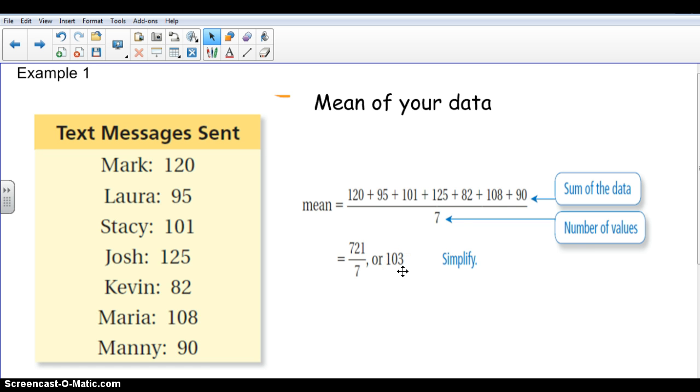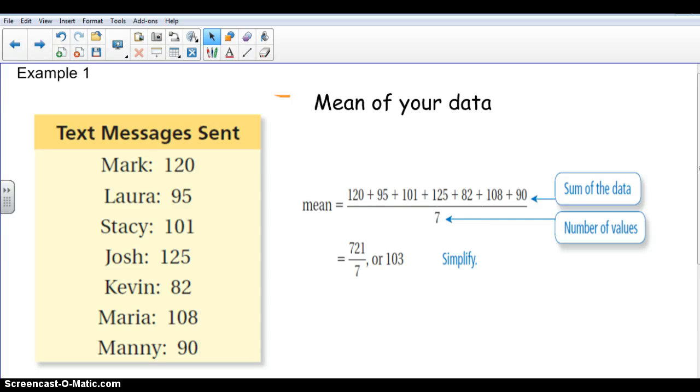Now you do have to ask yourself, is 103 a reasonable answer? Yes, it is. It's not a middle number, but it does fall between 120 and 90, right in here in the chart, so it does seem reasonable as far as your answers go.